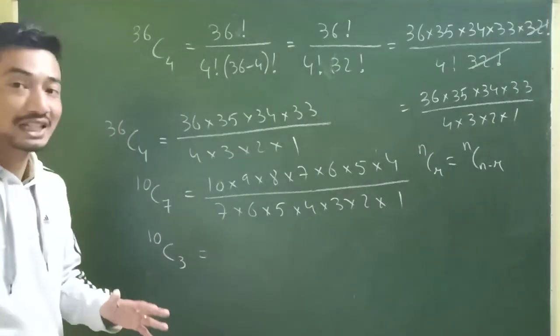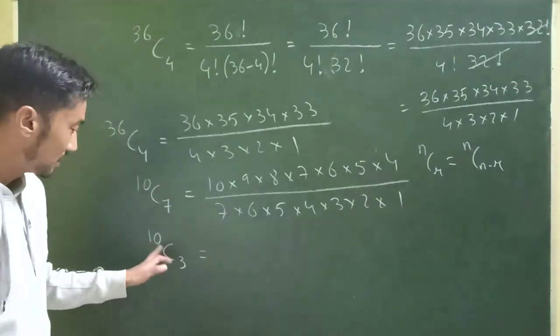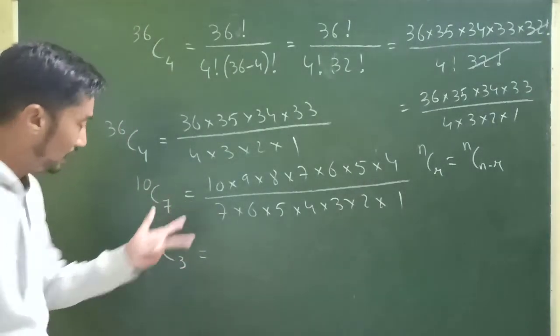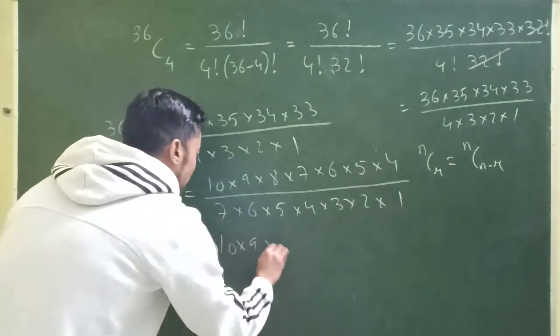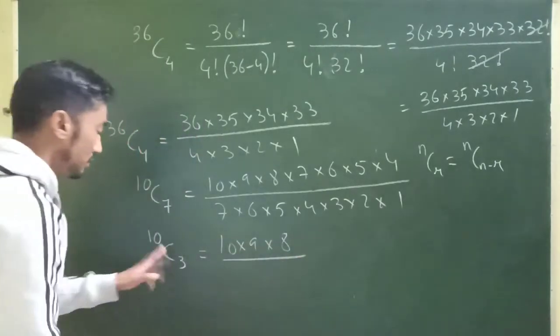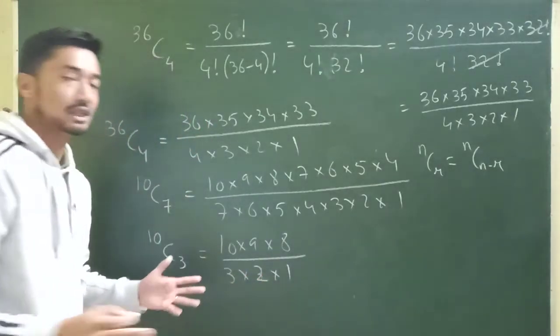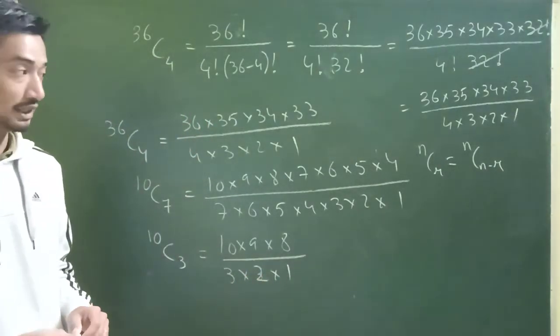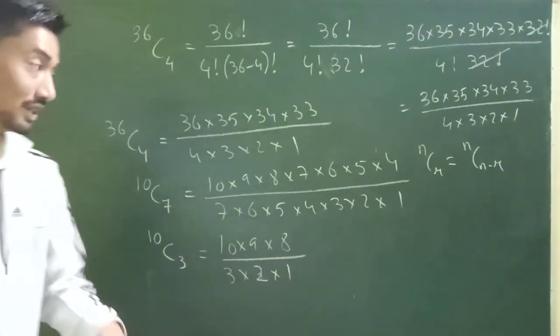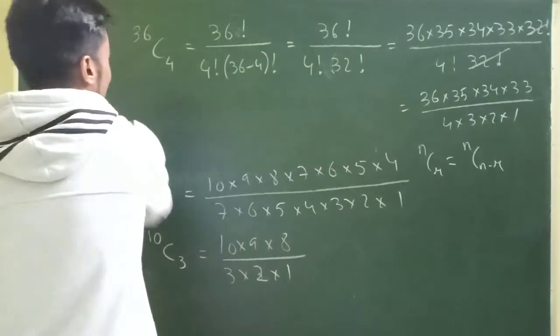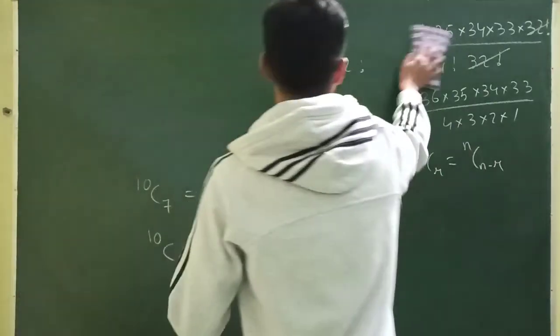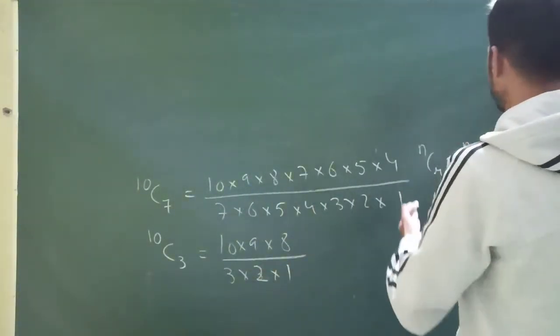So you will have to expand fewer times, that is 3 times: 10, 9, 8. Continue with the factorial of 3: 3, 2, 1. Simple as that. I hope you've got what I meant. So this is the trick that I was talking about, which is very, very useful.